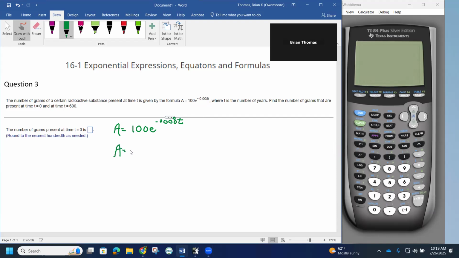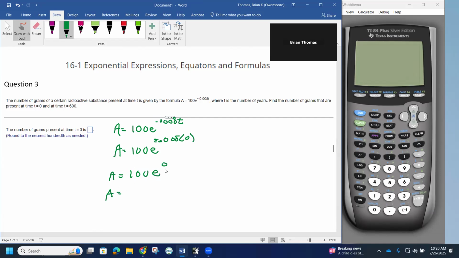So A equals 100 times e to the negative 0.008 times 0. When you multiply by 0, the whole exponent will turn into 0. So A equals 100 times e to the 0.